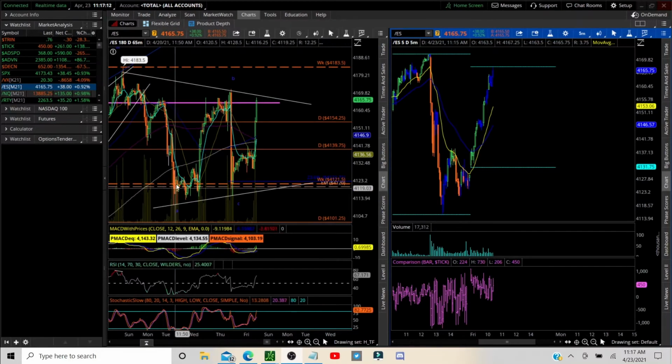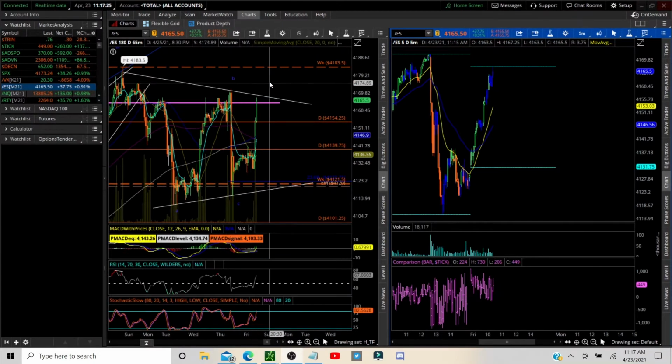As of now, we have an A, B, C. It really could be over now. Maybe this is the correction here, A, B, C, and this is a 1, 2, and working on wave 3. So there's just a couple things that could be happening. And, you know, the market could do anything, you guys.